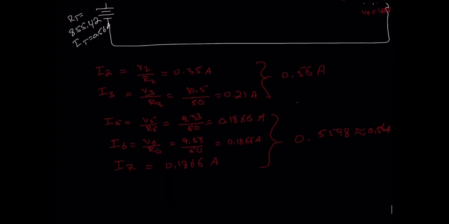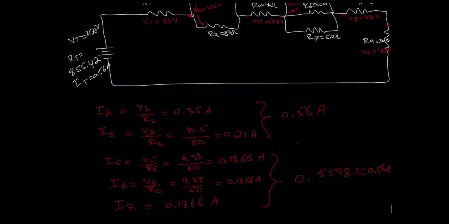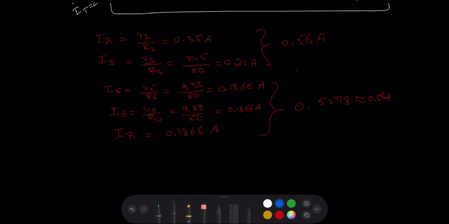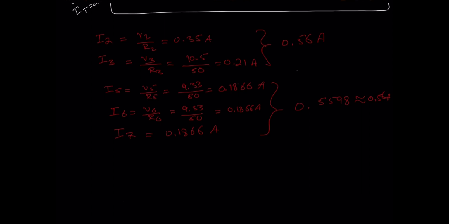Now let's see if we can find the power in each part. First of all, we can find the total power. PT will be equal to, we will use the power formula, IT times VT.